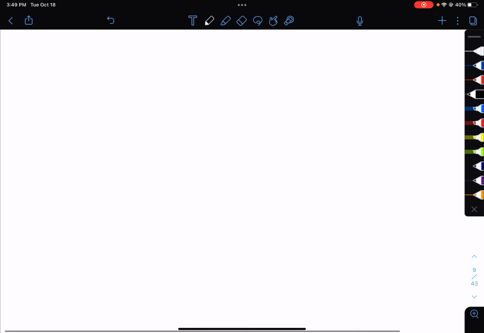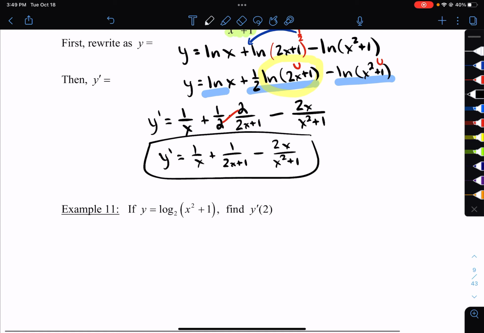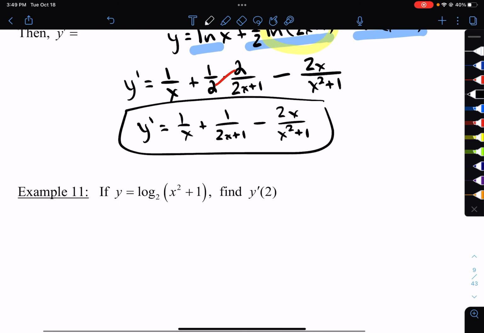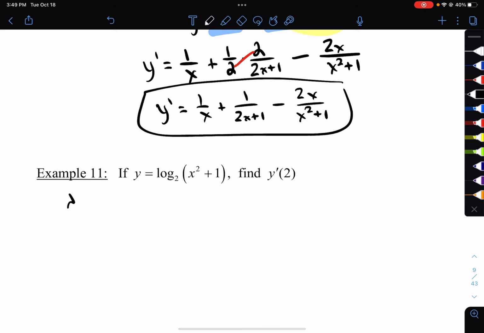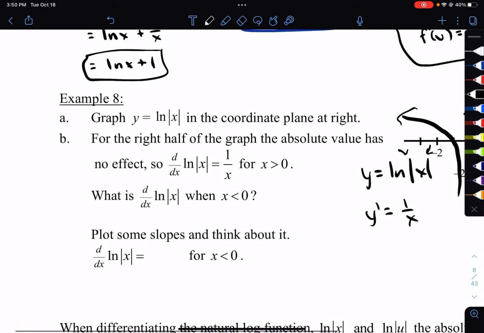All right, number 11, we didn't get to in class, but let's go ahead and do it using the formula. The formula told me that if I take the derivative of log a of some function u, my answer, the derivative of that, was this function up here.